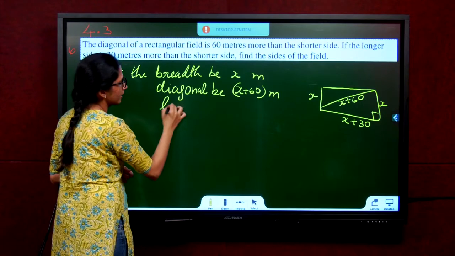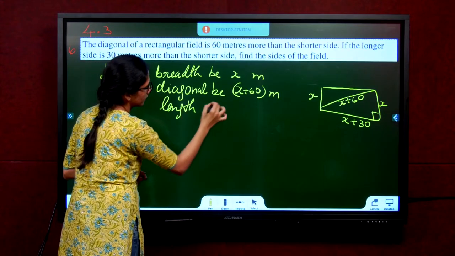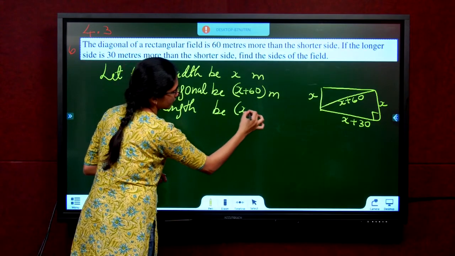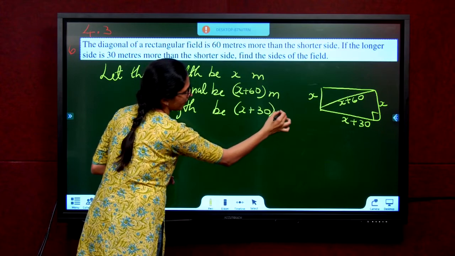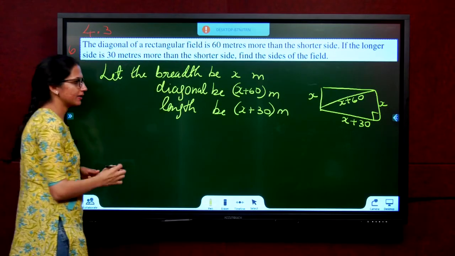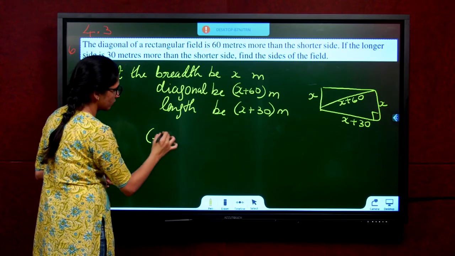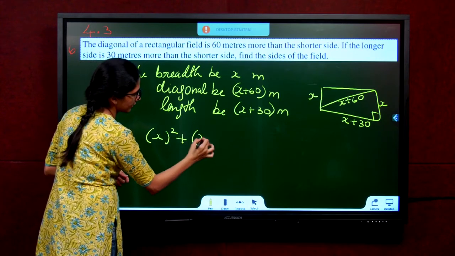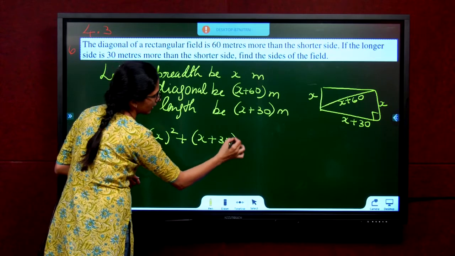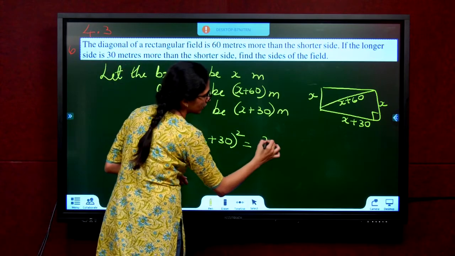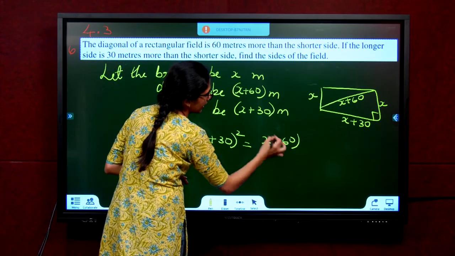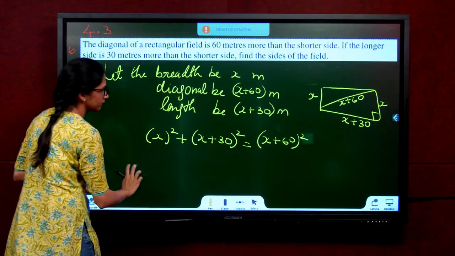The length be x plus 30 meters. Now applying Pythagoras theorem, what do we take? x square plus x plus 30 the whole square is equal to x plus 60 the whole square.